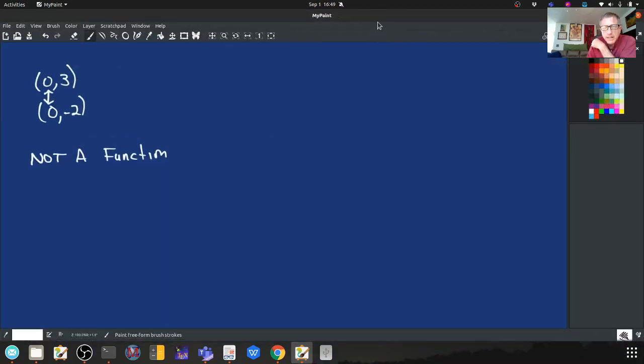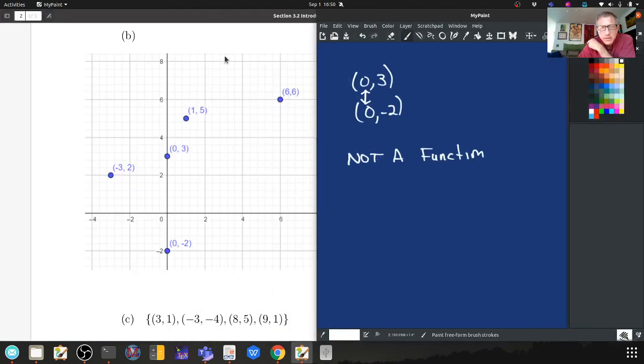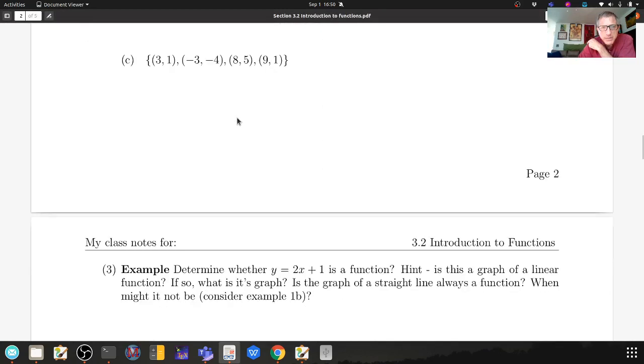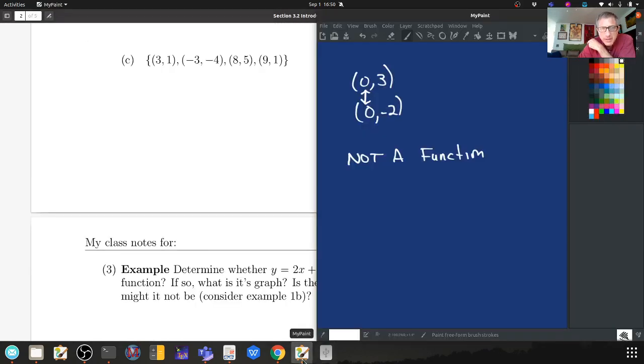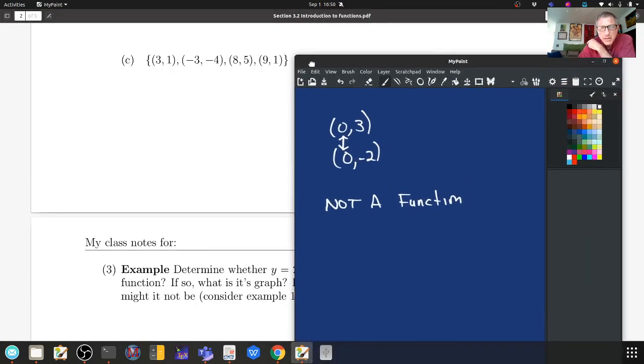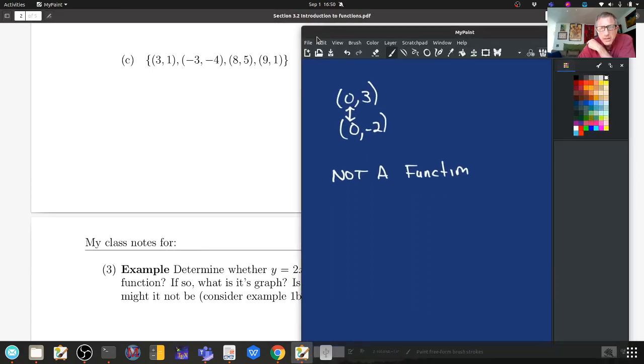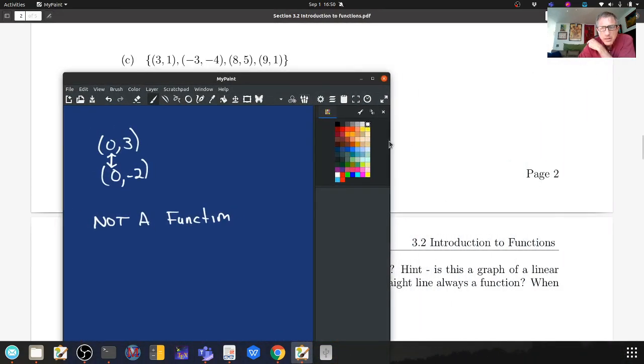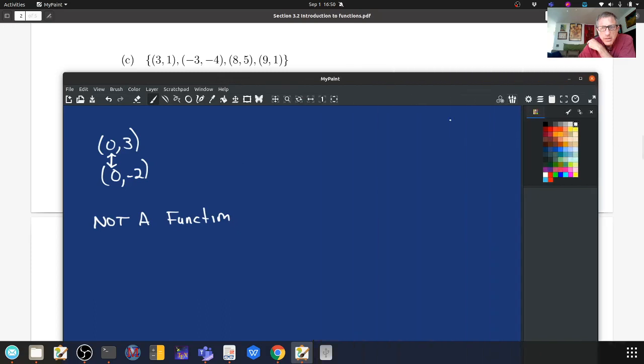And finally, sometimes it's hard to find it. Let's look at this last one. So C is also a relation, so the question is, is C a function?